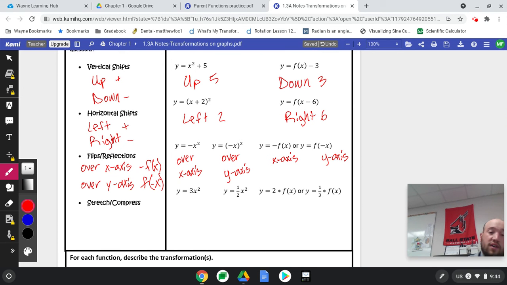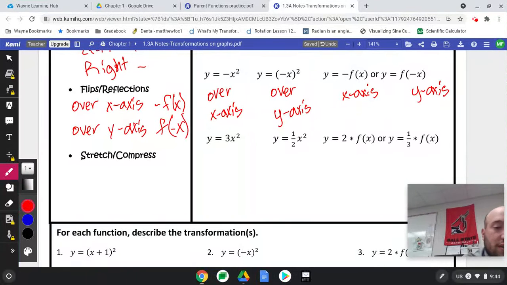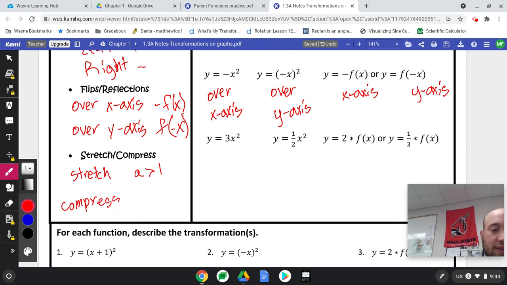All right, and finally, it will either stretch or compress if there is some sort of leading coefficient. If a, whatever's in front, is greater than 1, it will stretch, and it will compress or squash it if a is less than 1.